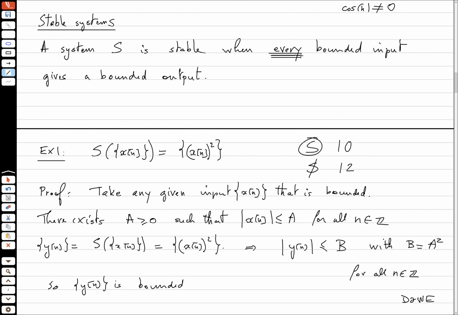Nobody said that if you just check one input, it's enough to know the other inputs. There's very little chance that this happens. It's the usual business. If you know the system for one input, there's no reason to know the system for other inputs. You see, S has no property. We don't know anything about this.